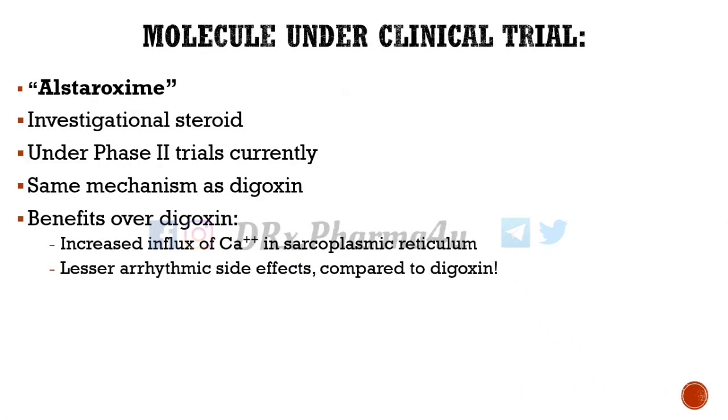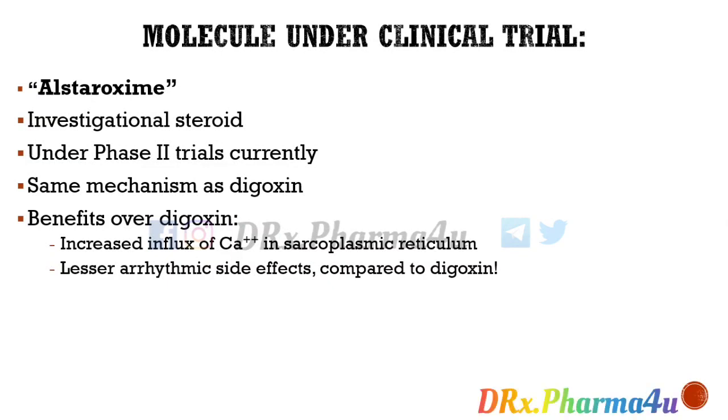This is actually a molecule under clinical trial. I think the trial is still going on. It is known as alstaroxime. It is an investigational steroid. It was under phase 2 trials currently. I just have to check whether it has progressed into phase 3 or not. It is almost the same mechanism as digoxin.